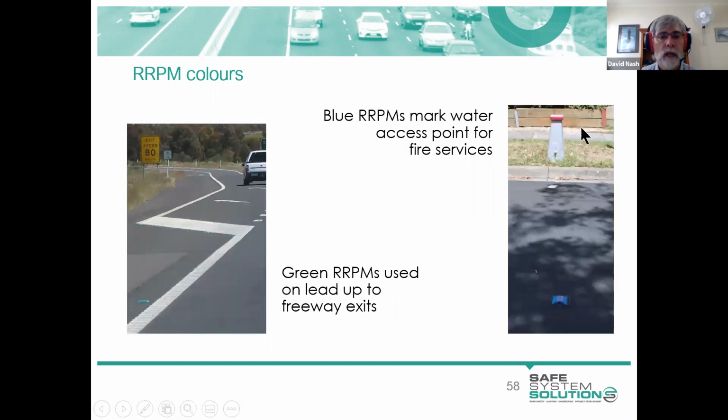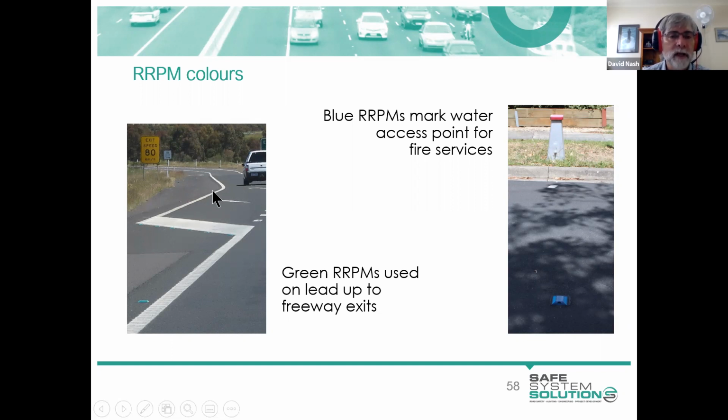Cool. We also use green RRPMs in a very specific location leading up to what we call a diverge off onto an off-ramp in rural areas where there's this step-out marking.